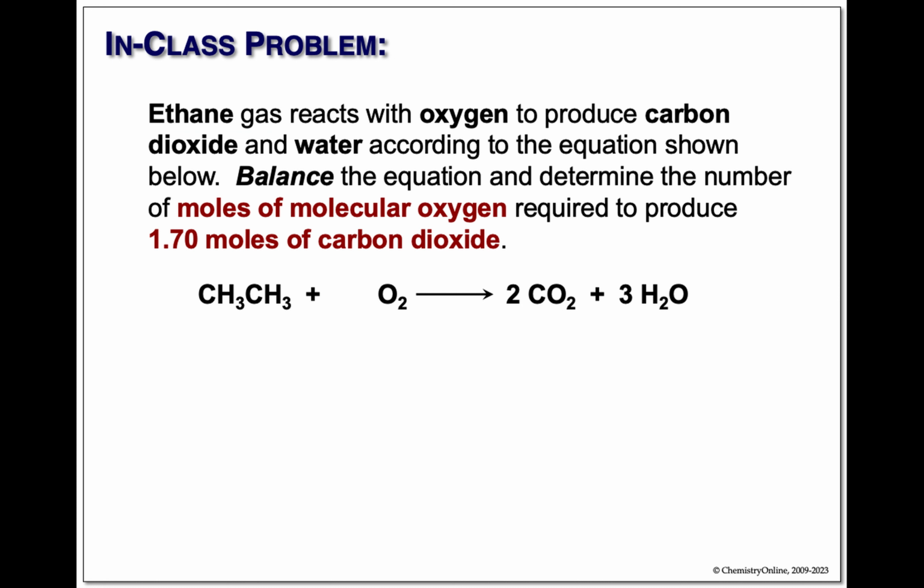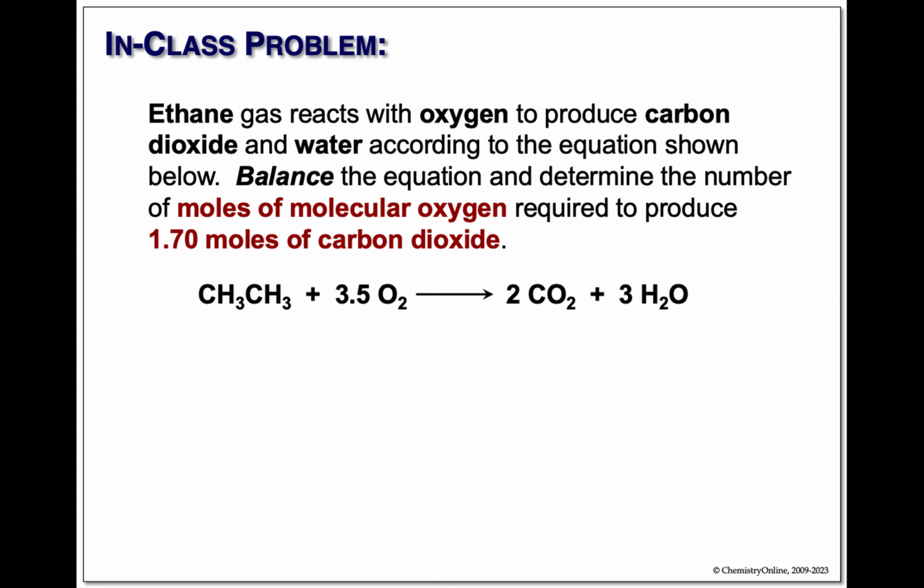Now, oxygen, unfortunately, comes in pairs, doesn't it? So to get 7 oxygen atoms here, we would need 3.5. Well, we typically don't like using fractional coefficients, do we? It is actually technically correct, but convention is only integers.